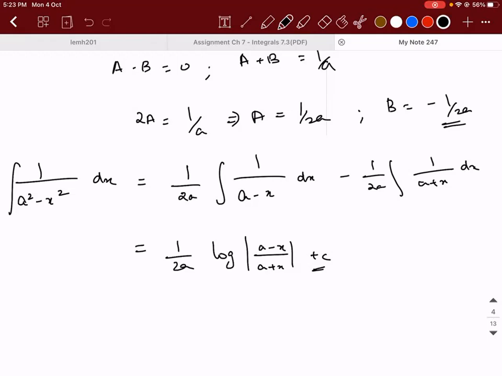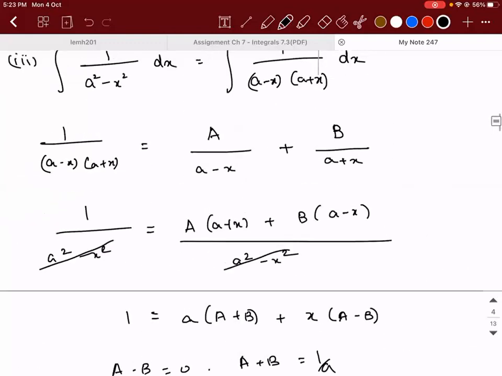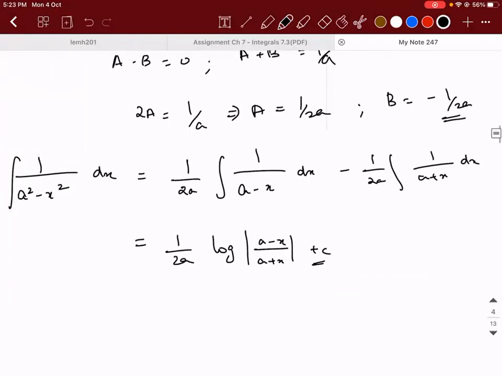Sir, we can actually split 1 by a plus x into 1 by a minus x, sir. Both are right, that's not the thing. If you do it that way or we can substitute something as t, sir. Yes. What can we do?